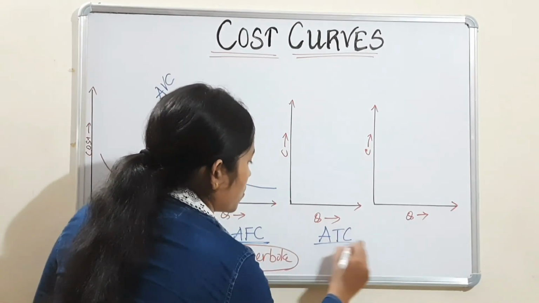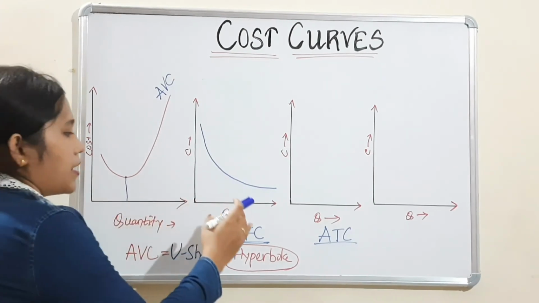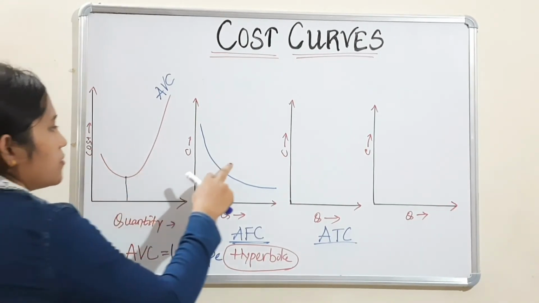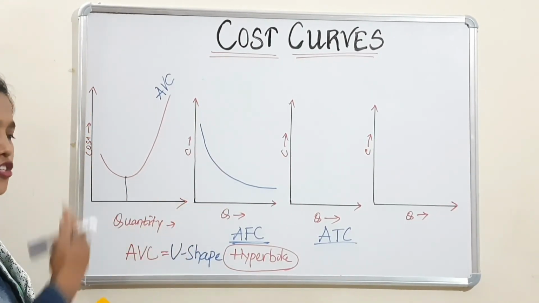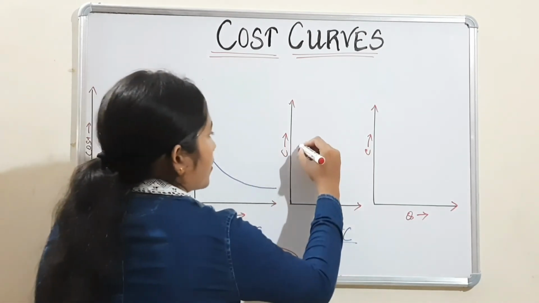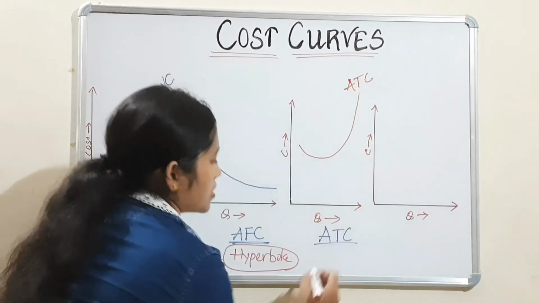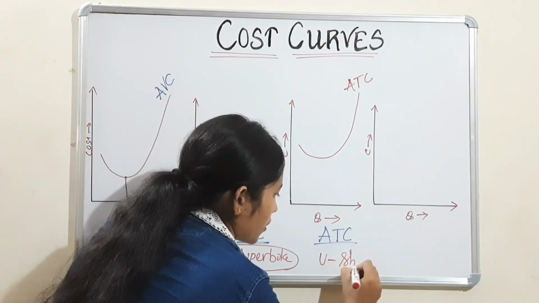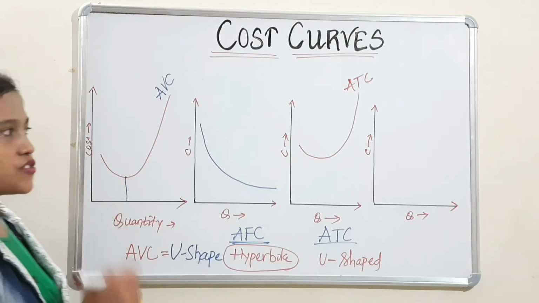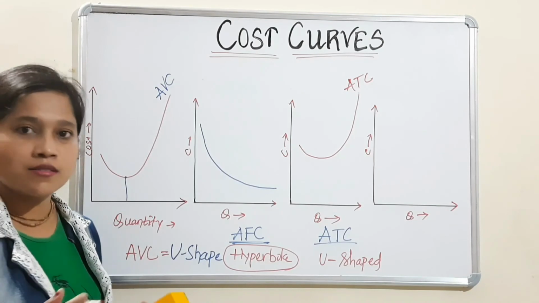Just like we added total fixed cost and total variable cost to get total cost, when we mix these two graphs we get the shape of average total cost. That means average total cost will also be U-shaped. Remember.